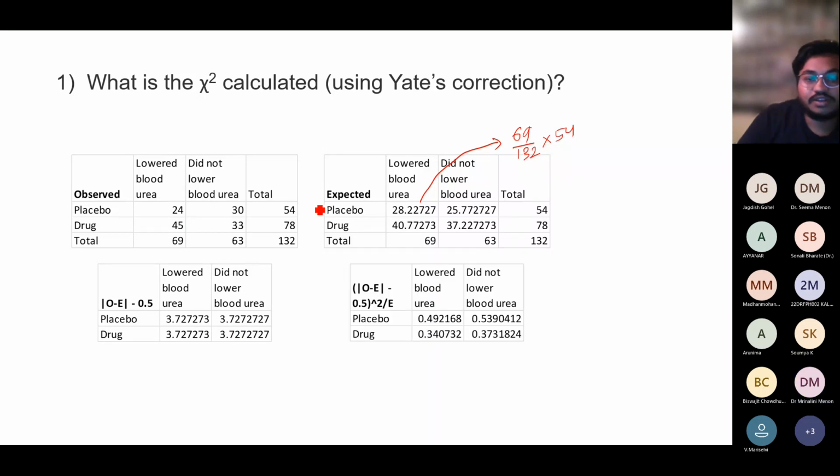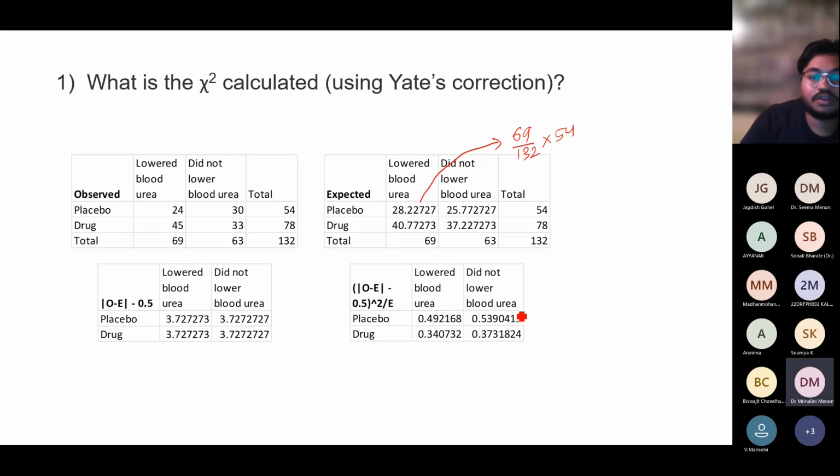Then to calculate the chi-square statistic, we need to calculate the square of this term divided by the expected value. That is observed minus expected minus 0.5, whole square, divided by the expected value. So we'll just square the values from this table and divide by values from this table. That's how we get these 4 values.